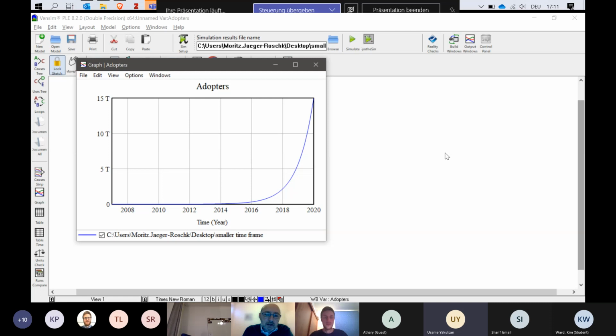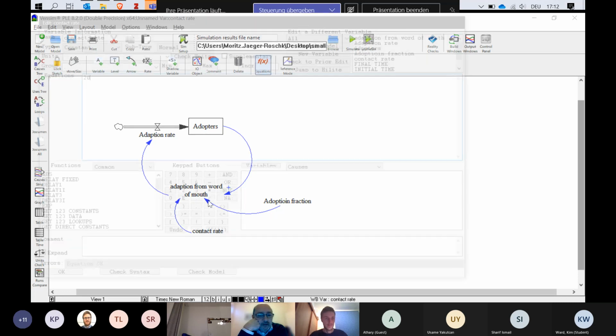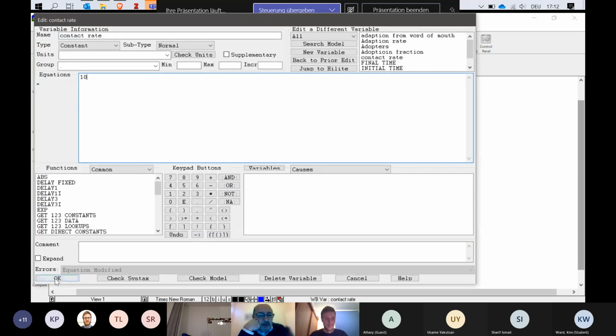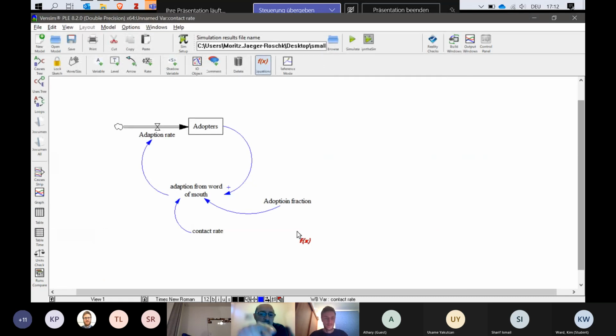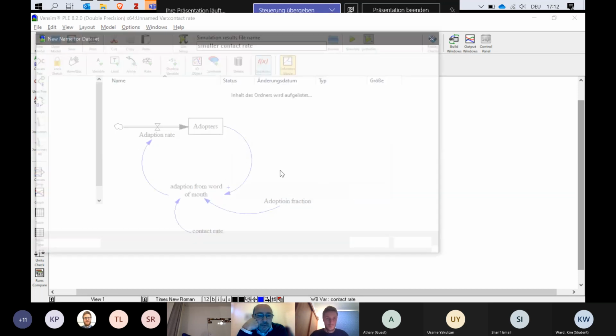I think what we can do is close this and then change the variable contact rate. Let's reduce it to 10. Yes, click that, contact rate 10. Say OK, and now change the name of the simulation result file name to "a smaller contact rate", and then simulate.